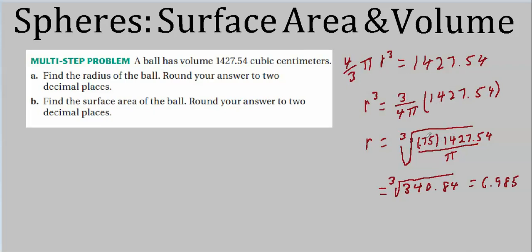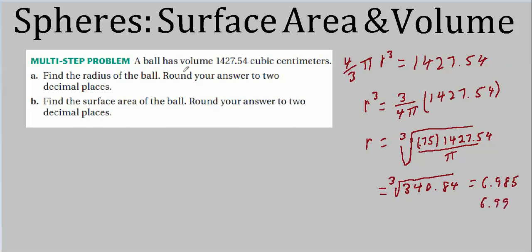If you don't want round off error, then you multiply by 4 and then divide by 3. But 3/4 is a nice even 0.75. It's easier to punch into your calculator than times 3 divided by 4. So I just always convert 3/4 to 0.75. When we do that, we get the cube root of 340.84, or 6.985. And you could round this to 6.99, I guess.